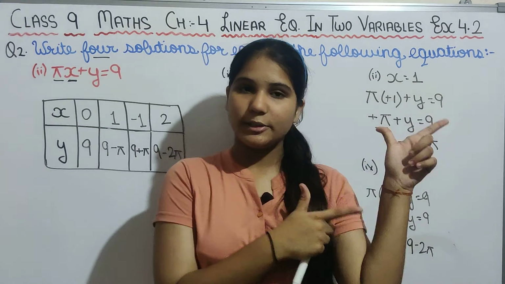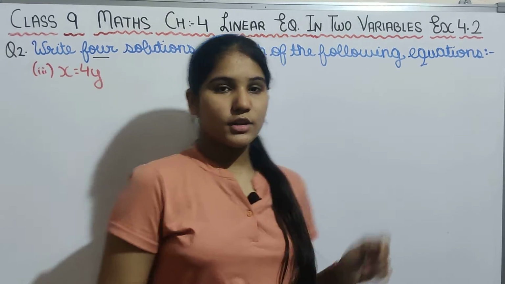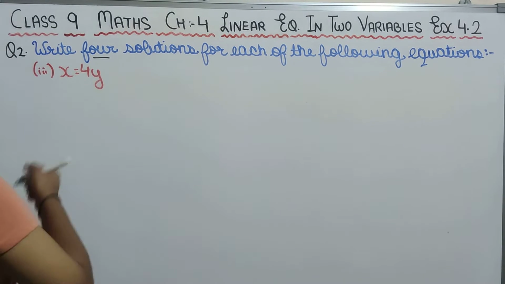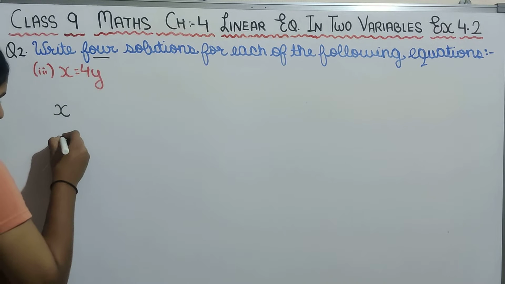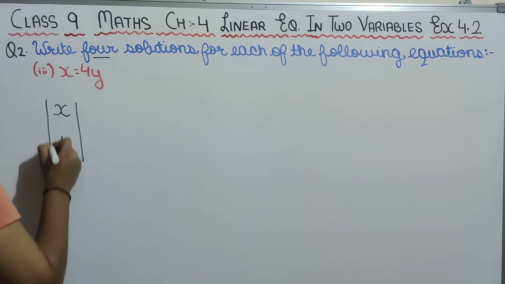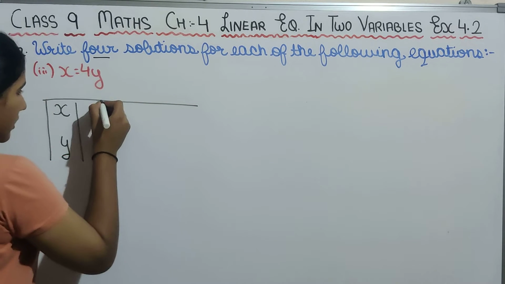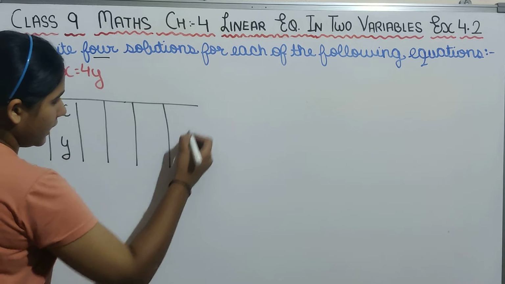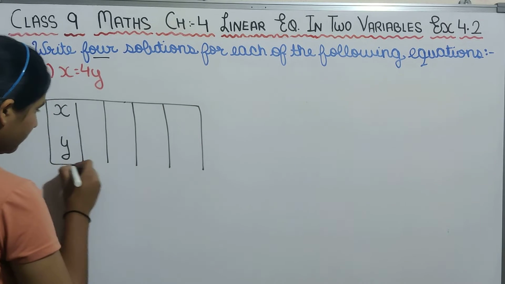Let's come to the third part. The third part is x is equal to 4y. Again, first we make the table with four parts because 4 solutions are needed: 1, 2, 3 and 4.